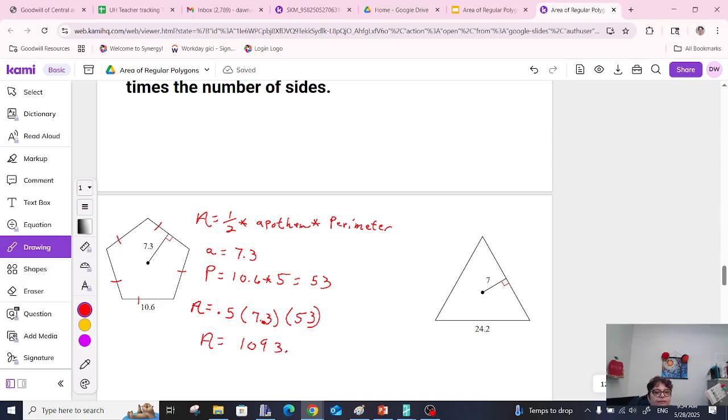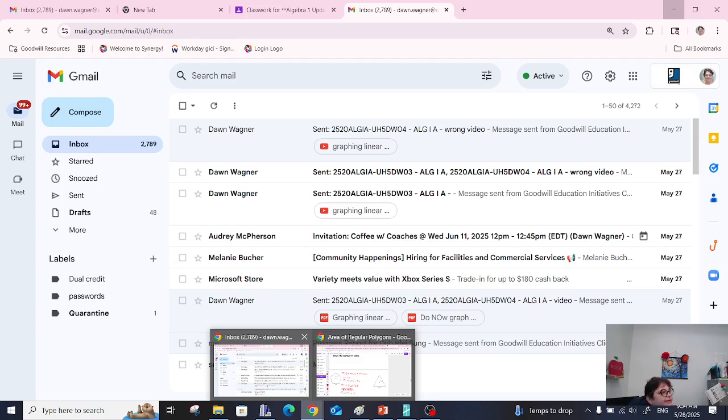Oh, sorry. Let's try that again. 193.45. We'll round that to 5. And we don't have a unit, so I'm going to put a little unit squared. Unit just means like inches, centimeters, whatever.